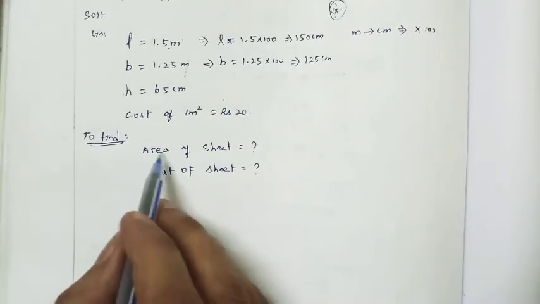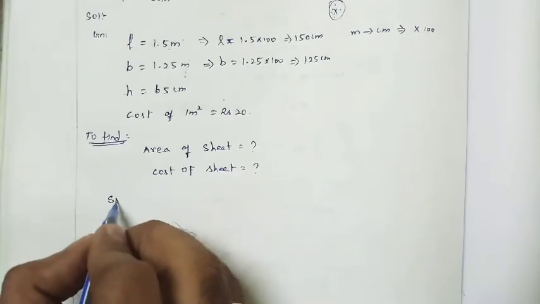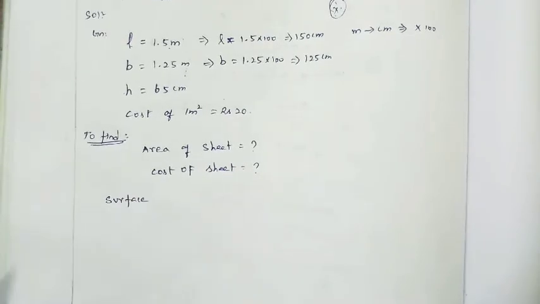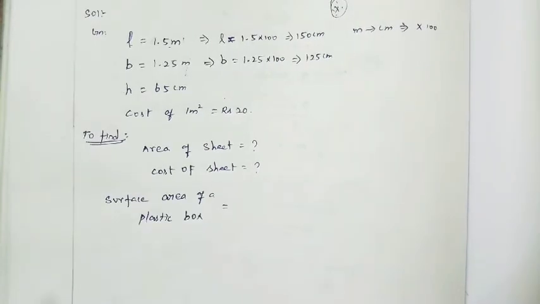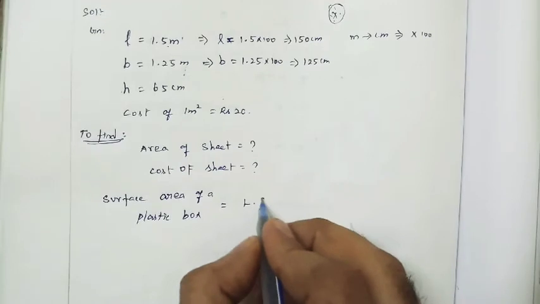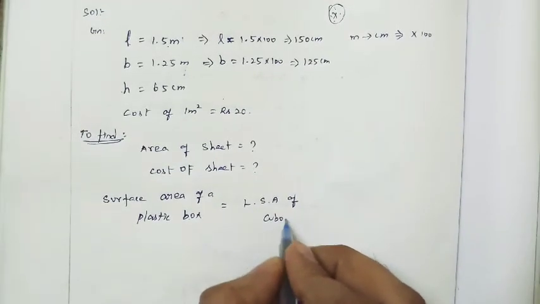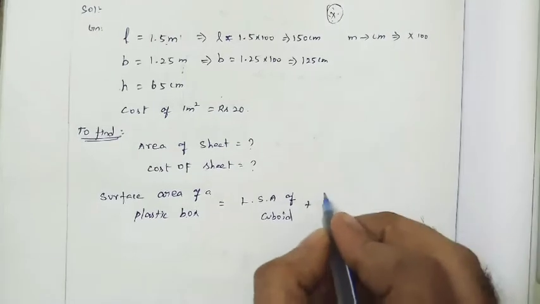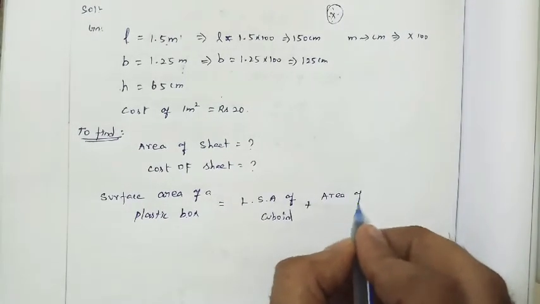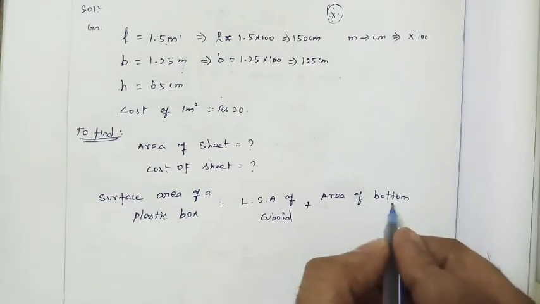First I'm going to find the area of a sheet, that is the surface area of a plastic box. Surface area of a plastic box is equal to LSA of cuboid plus area of bottom, right? What is the shape of the bottom? Rectangle, right?